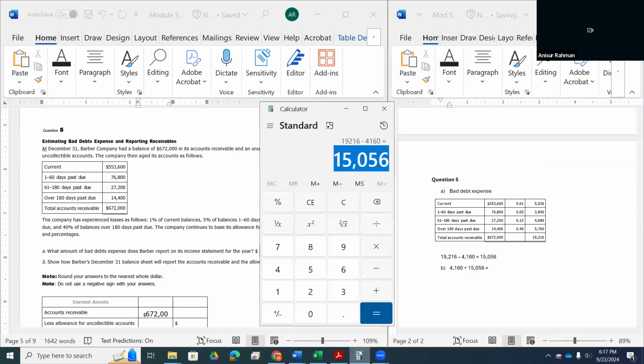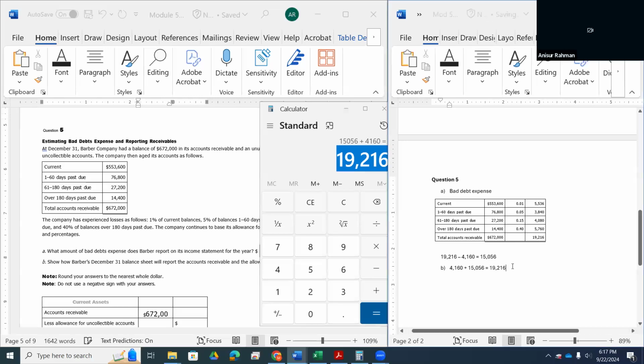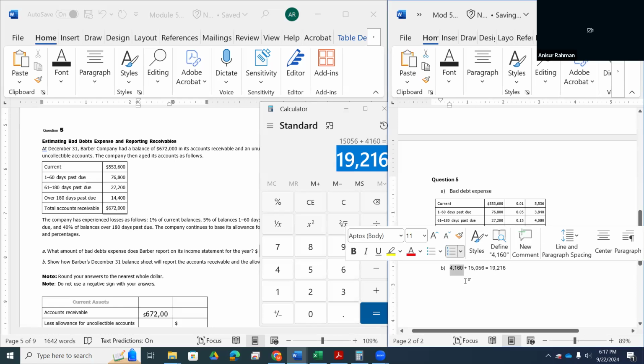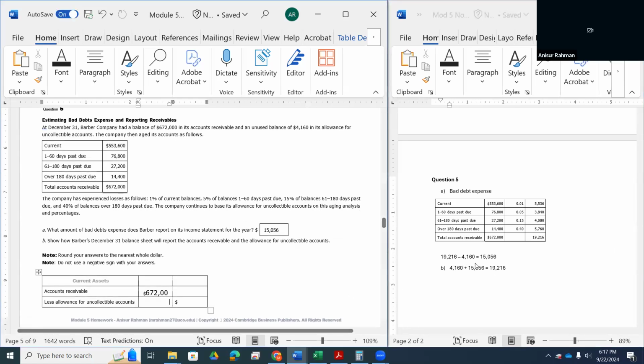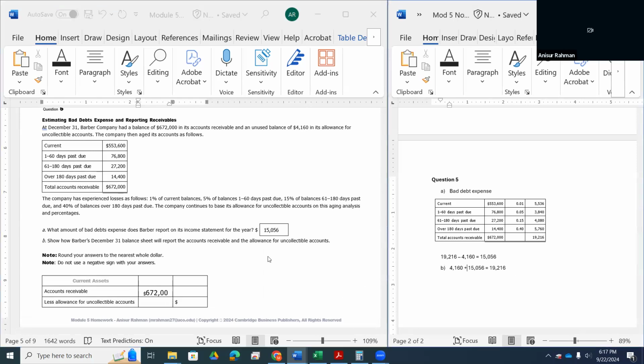So $19,216. Again, we started with 4,160 for the allowance for uncollectible accounts. And then based on our aging analysis, we have additional $15,056 of allowance for uncollectible accounts. The total is 19,216.